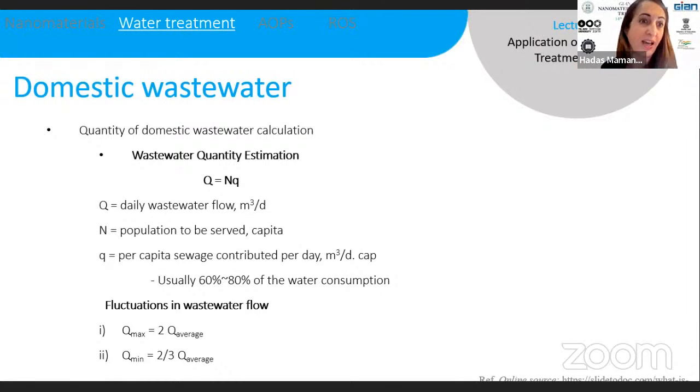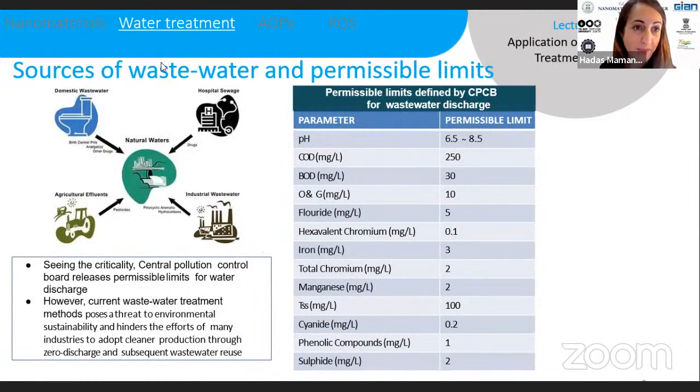So between the max and the min, we can also multiply the amount of wastewater generated by 2 to give the maximum and by 2/3 to give the minimum. Okay. Of course, when we treat wastewater, it doesn't matter with which treatment, and we'll soon get to the nano-based AOP treatment technologies, we must follow the permissible limits or the regulations and the standards.